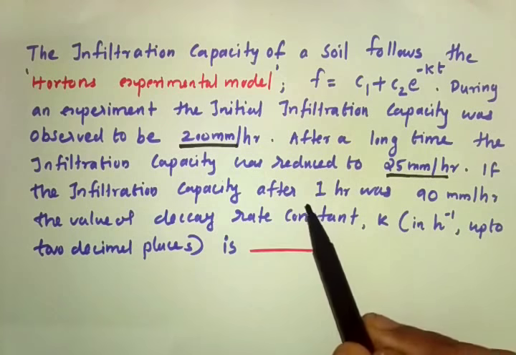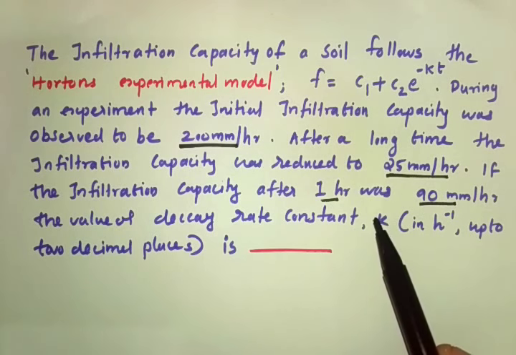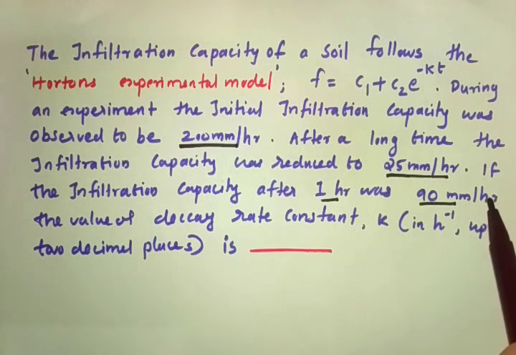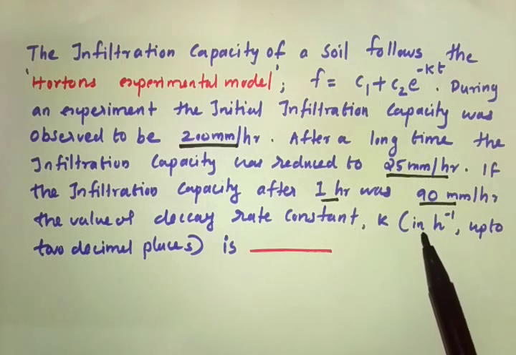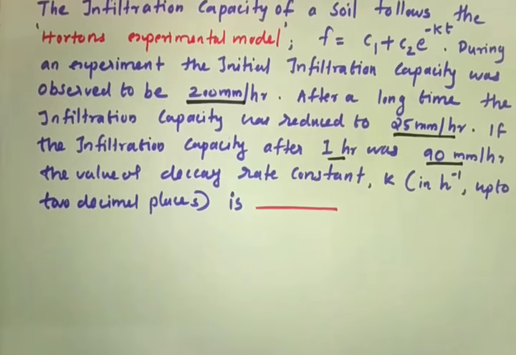If the infiltration capacity after 1 hour was 90 mm per hour, find the decay rate constant k in hours inverse, up to 2 decimal places. It is a 1 mark numerical question with no negative marking. Let's look into the solution.